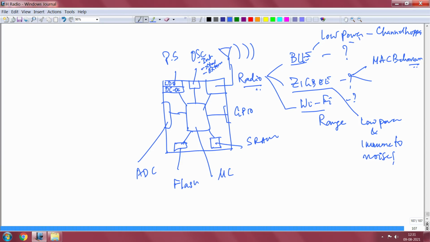And this offers you higher data rate though, 1 Mbps, 2 Mbps and so on, much greater than even 2 Mbps nowadays. But ZigBee says I will not give you anything greater than 250 kilobits per second. Wi-Fi of course gives you much higher data rates, and higher power consumption.